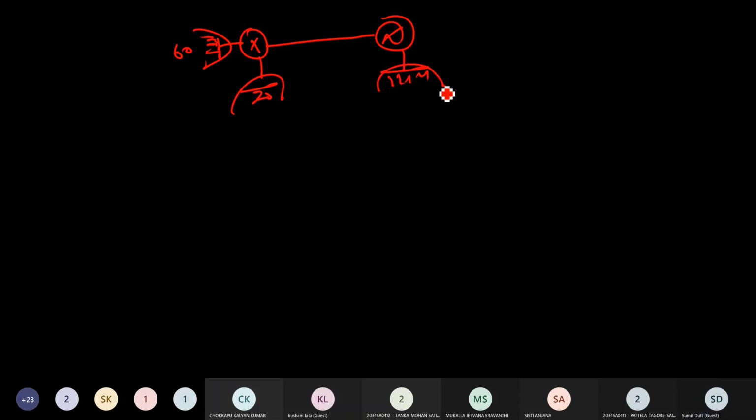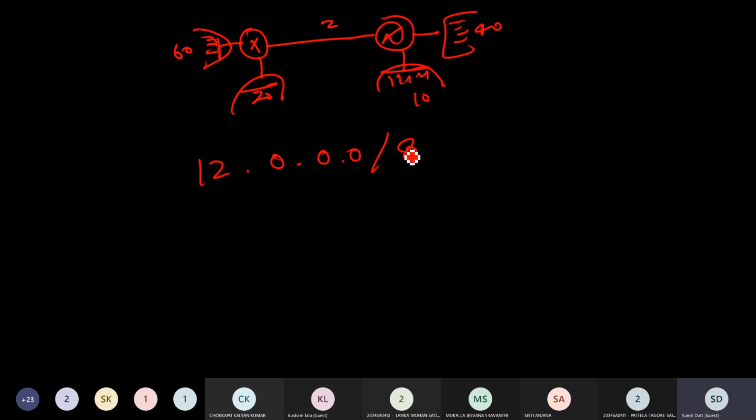Let's suppose we have a similar network where I have 60 users in one network, 20 users in another network, 10 users in the third network, and 40 users in this network, and two hosts required here. And the IP address is class A 12.0.0.0, where the default subnet mask is /8.